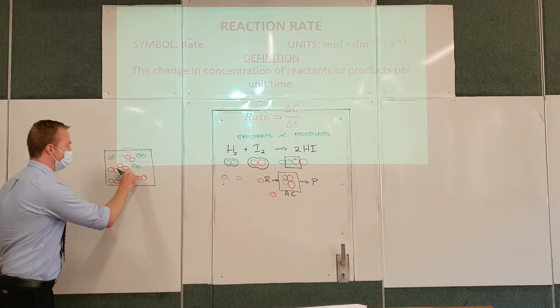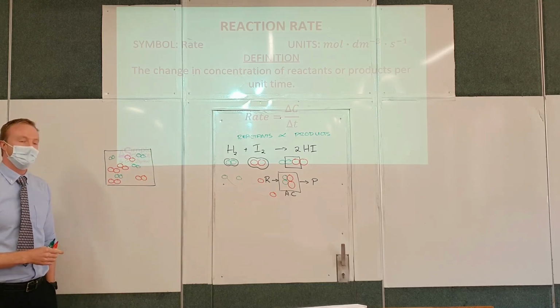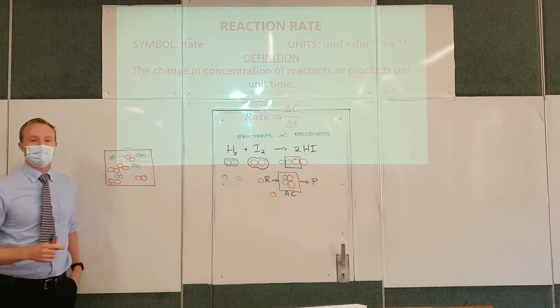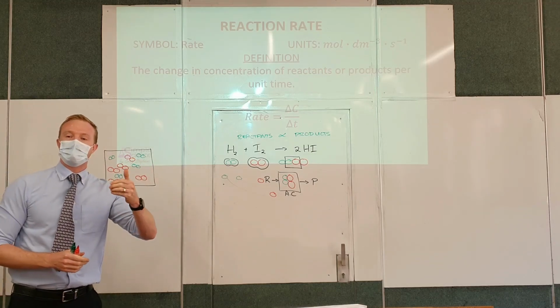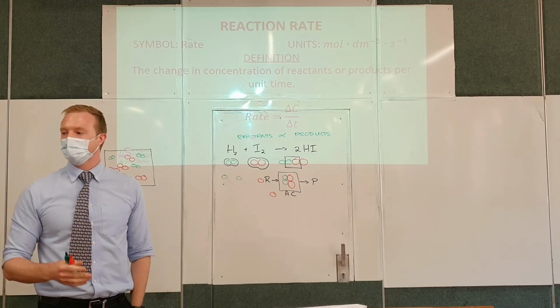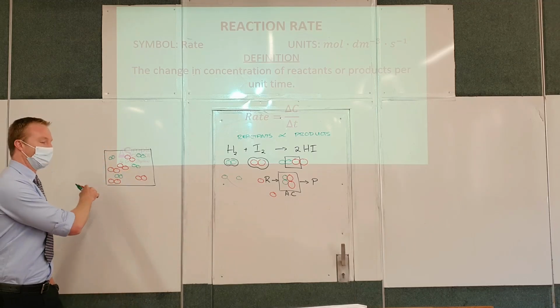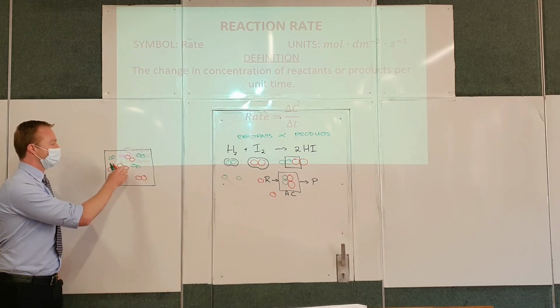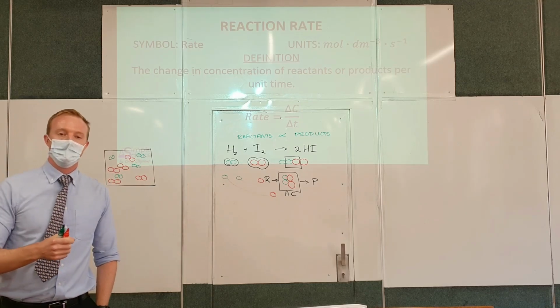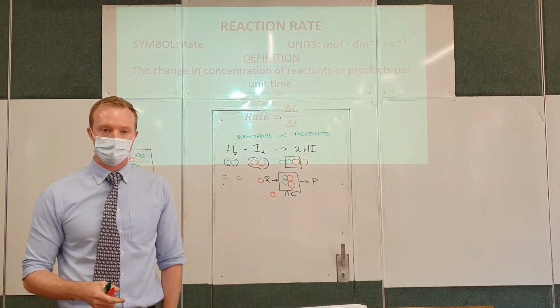Whether it's because these two collide in the wrong orientation, or because these two collide and don't have enough energy, there are going to be hundreds of thousands, or strictly speaking millions and billions of collisions here. And it is only very rarely that one of those collisions is successful.